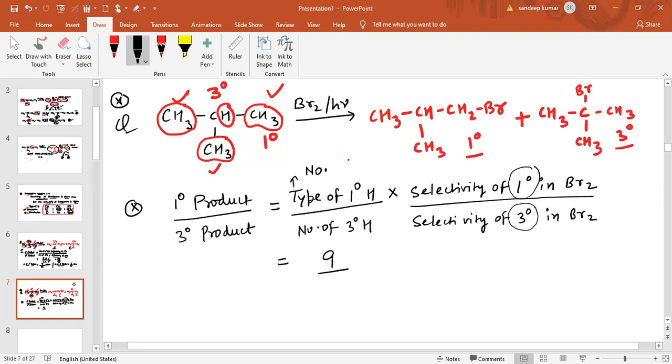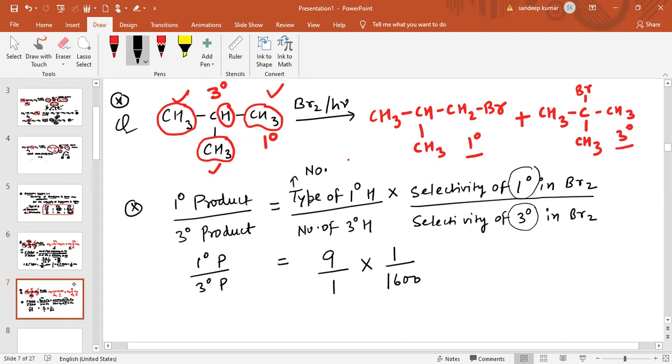And how many 3 degree hydrogen atoms? 1. Multiply by the selectivity: 1 for 1 degree, while for 3 degree it is 1600. So this is the ratio of 1 degree product to 3 degree product.